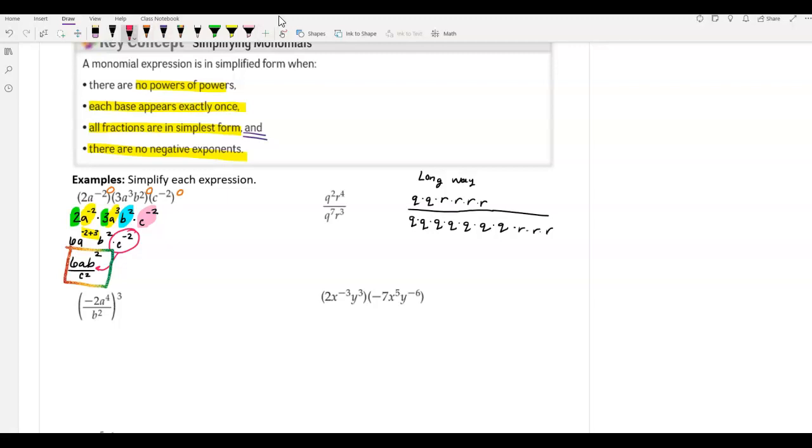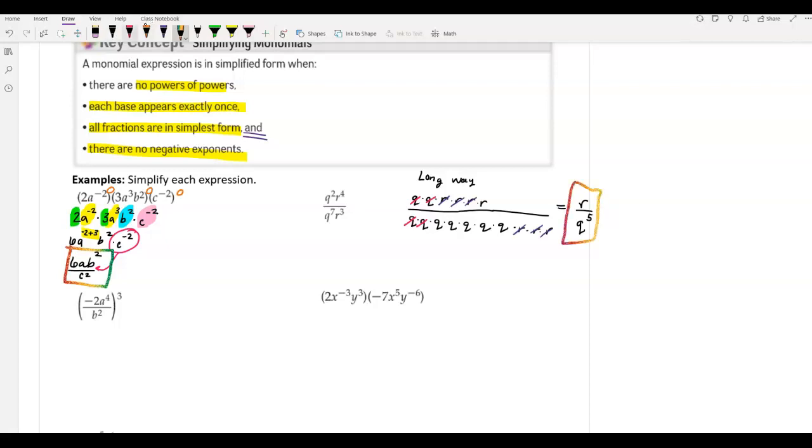Now let's just go ahead and cross out what we can. We cross out pairs. So 1 pair, 2 pairs. So that gets rid of our q's. 1 pair of r's, 2 pairs, 3 pairs of r's. And what do we have left? We have 1 r left up top and 5 q's on the bottom. That is one way we can do this.